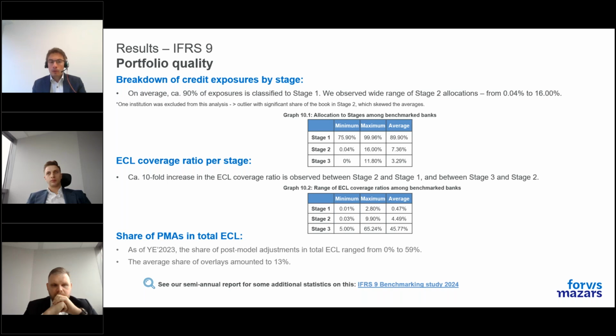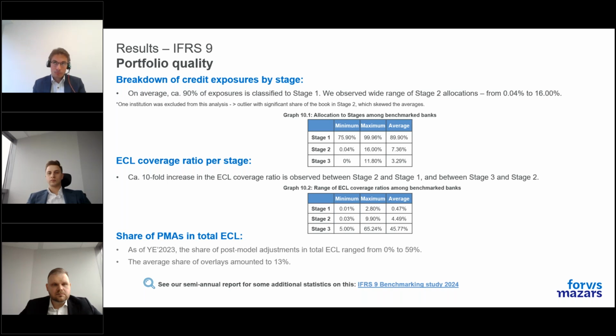Finally, we looked into the share of post-model adjustments in total ECL, and the observation is that again they vary very significantly between institutions, from 0 to 59% in our sample. It's not related to the location or main place of activity of the financial institution.